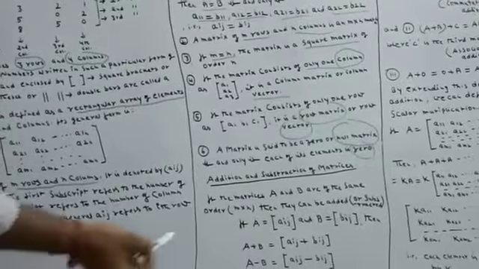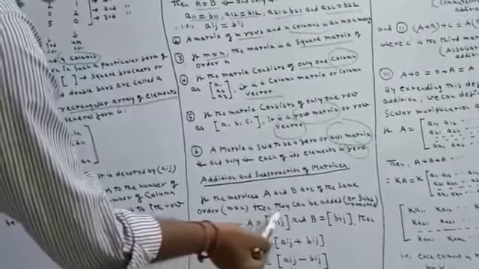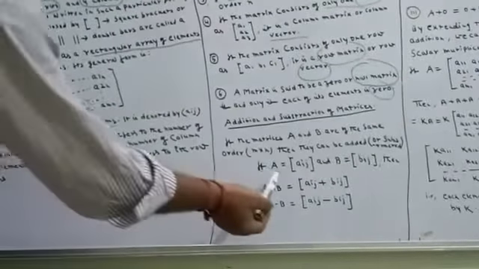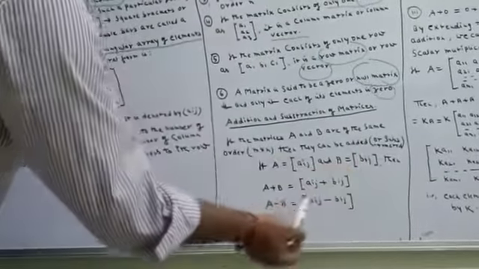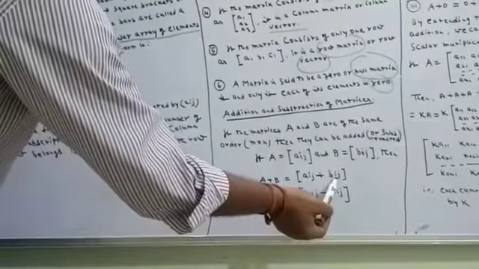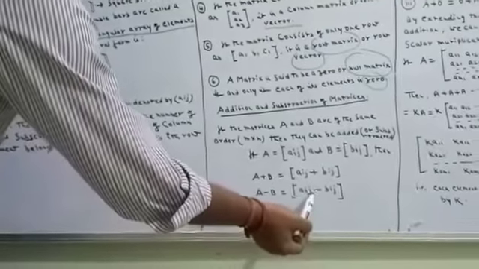Now addition and subtraction of matrices. If the matrices A and B are of the same order, M by N, then they can be added or subtracted. If A equal to Aij and B equal to Bij, then A plus B equal to Aij plus Bij, A minus B equal to Aij minus Bij.